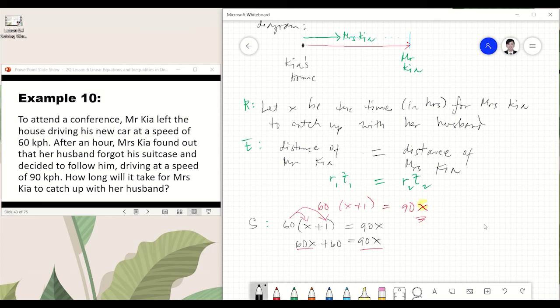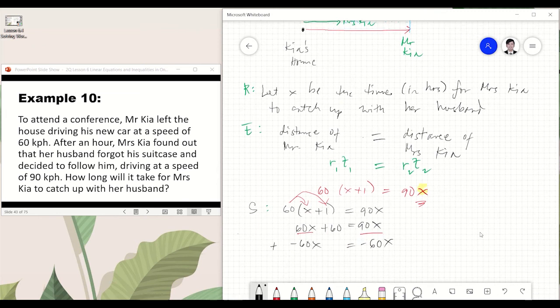So, yung gagawin natin, mag-a-apply tayo ng positive negative 60x. So, magiging 60 na lang dito kasi 0 na ito. Then 90 plus negative 60 is 30x.